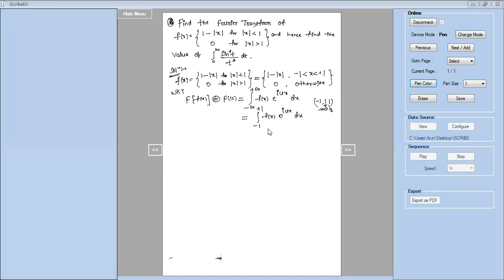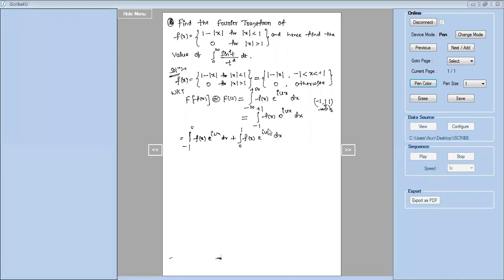So what I am going to do is, I split this integration as integral minus 1 to 0, f of x into e power iux dx, plus integral 0 to 1, f of x into e power iux into dx.